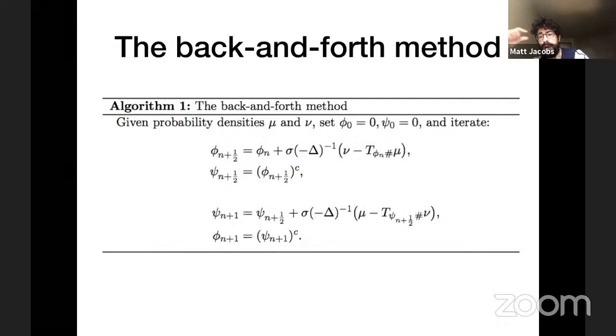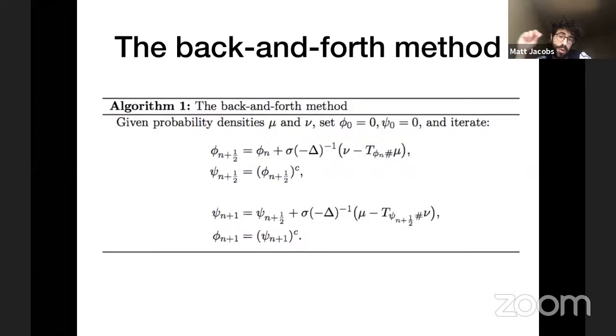If you look at these gradient ascent formulas, you see that you have this first variation. And in front of it, there's this inverse Laplacian operator. And this is what you need to do to make this algorithm stable. So without this inverse Laplacian, which you can think of as a preconditioner, or you can think about it as doing gradient ascent in the correct norm, you don't really have stability guarantees.